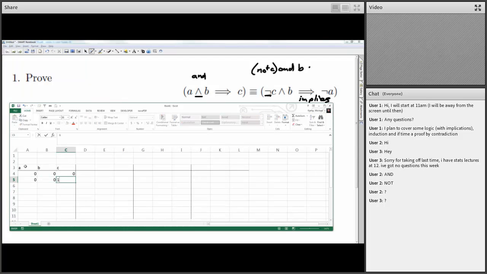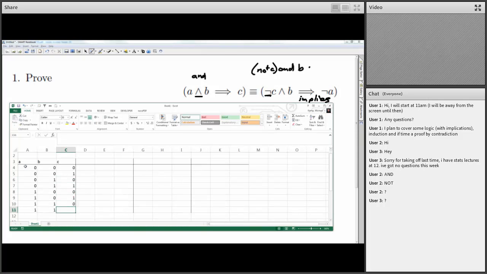C can either be 0 or 1, and then just consider the various options. So there are 8 options all up. Put down a bunch of zeros, put a bunch of 1s down for A. B can either be zeros or 1s. Just copy these sort of things. And then C just alternates between 0 and 1.